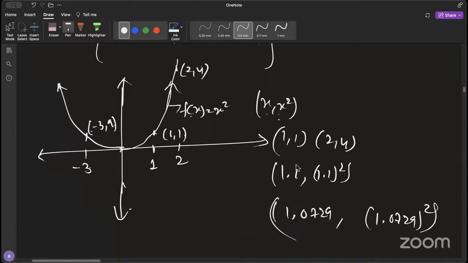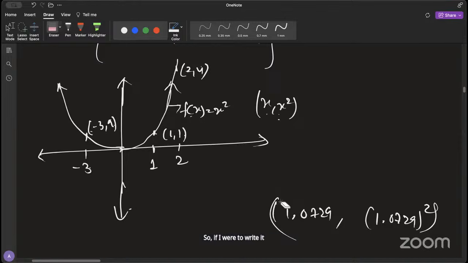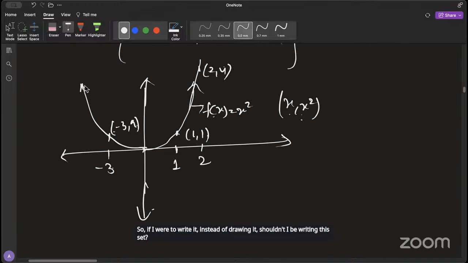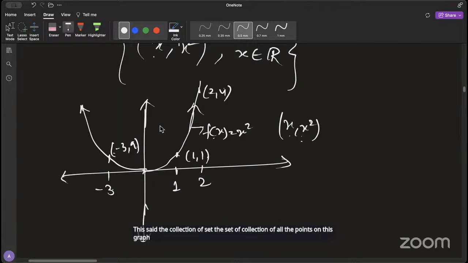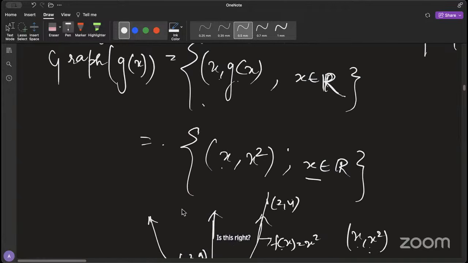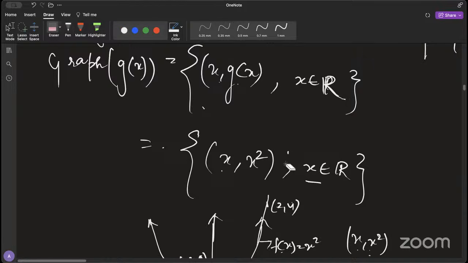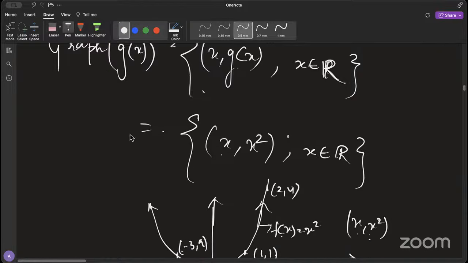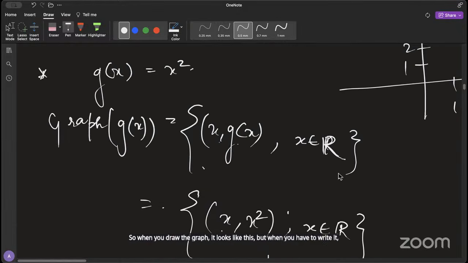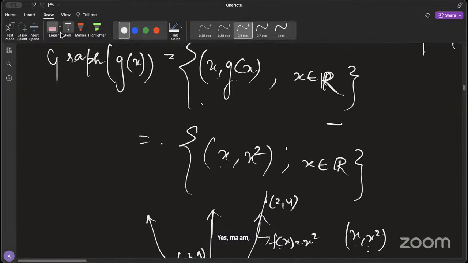This graph is just the collection of such points. So if I were to write it instead of drawing it, shouldn't I be writing this set? The set of all the points on this graph is this, right? So when you draw the graph, it looks like this, but when you have to write it, it's this thing. Yes, ma'am. Got it.